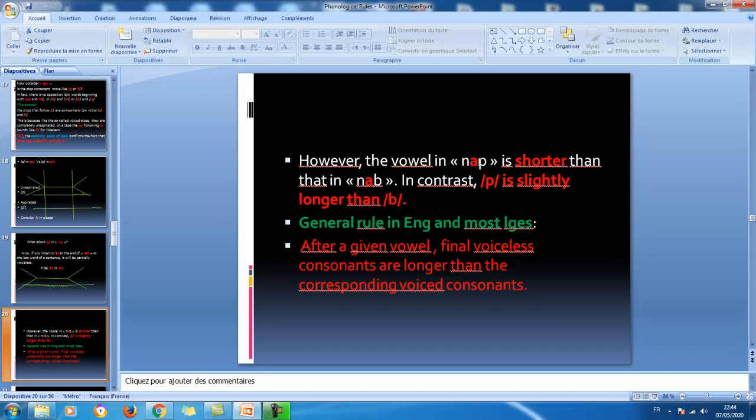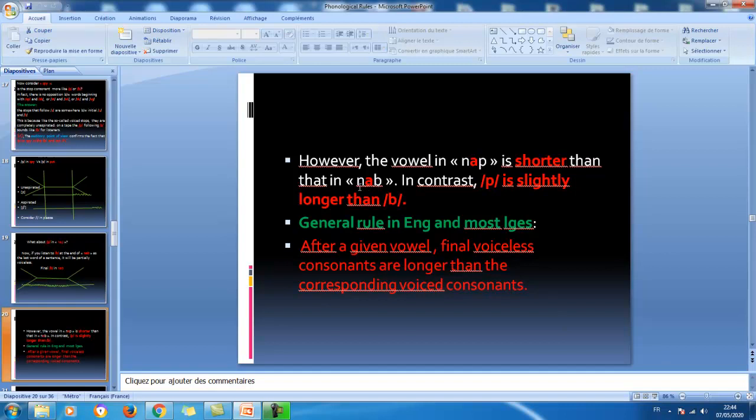So look here, the vowel is followed by a voiceless stop, but here it is followed by a voiced one. So this fact is going to affect the quality of the vowel before them. This vowel here, before a voiceless sound, is going to be shorter than this one, which is before a voiced one.